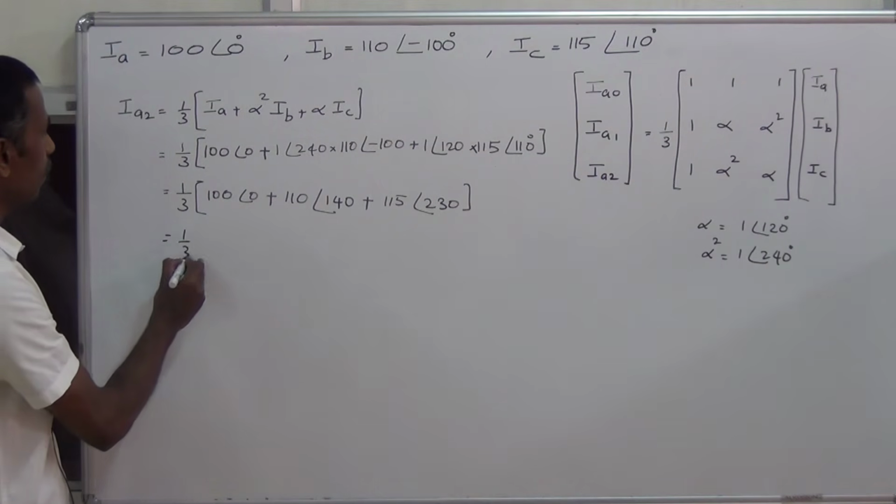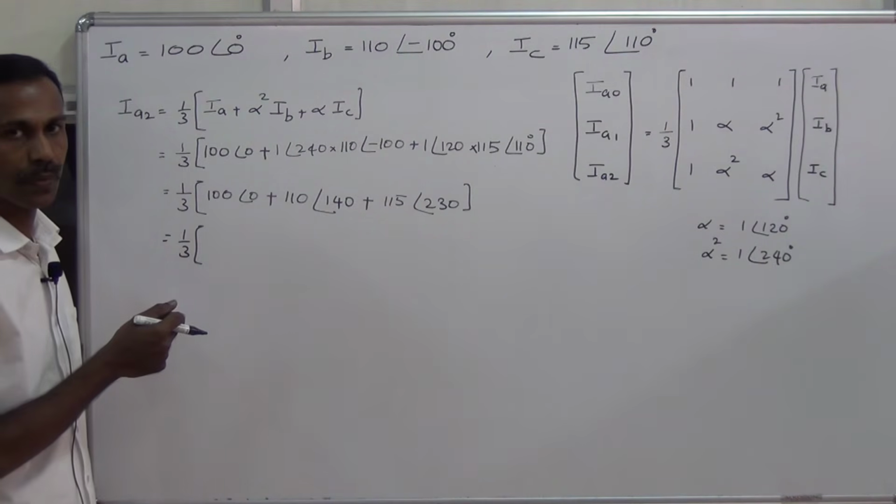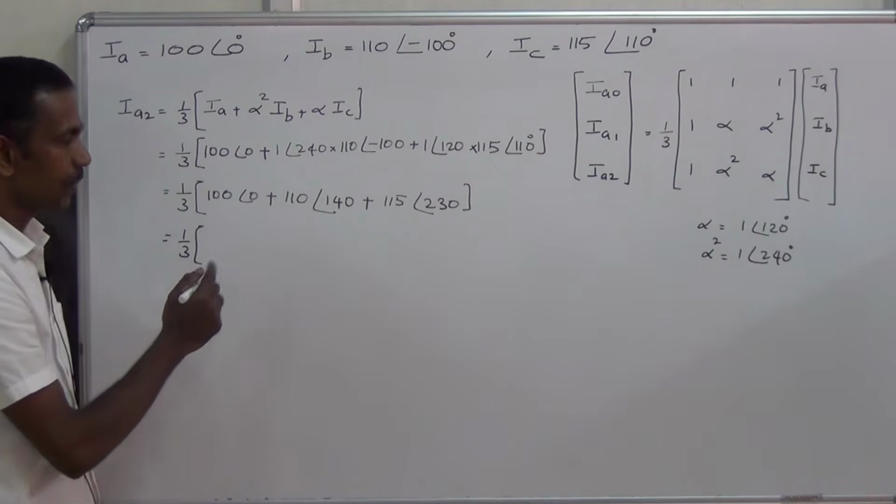Let's convert these polar terms into rectangular terms, as we need to add the three quantities.